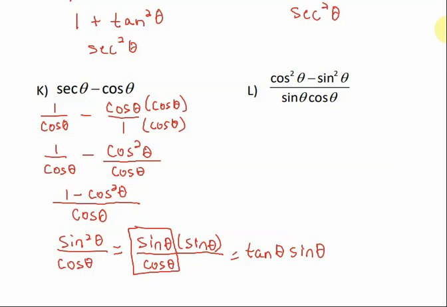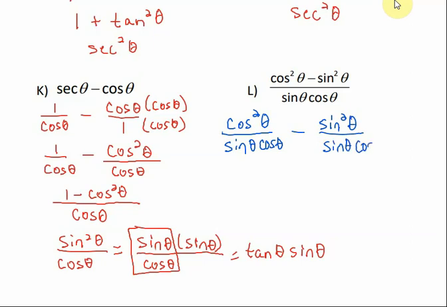So let's separate these into two separate terms. We can say cosine squared theta over sine of theta cosine of theta, minus sine squared theta over sine of theta cosine of theta.